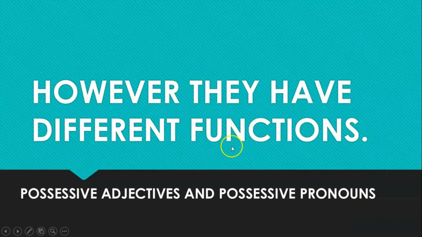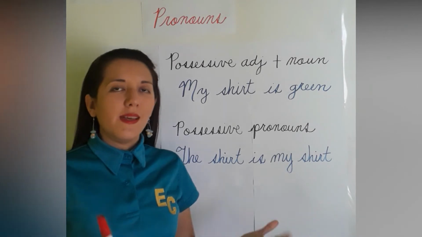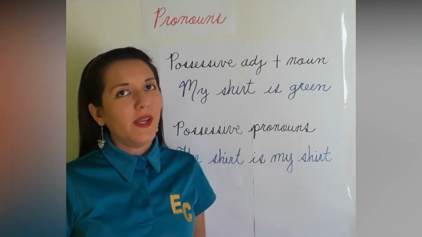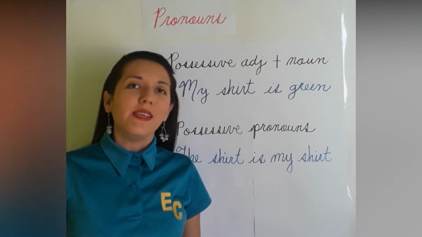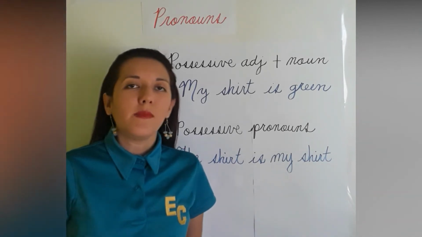Now, what is the difference between possessive adjectives and possessive pronouns? The difference is in the function or structure that they have. As I said, possessive pronouns and possessive adjectives indicate ownership or possession. They have the same meaning.